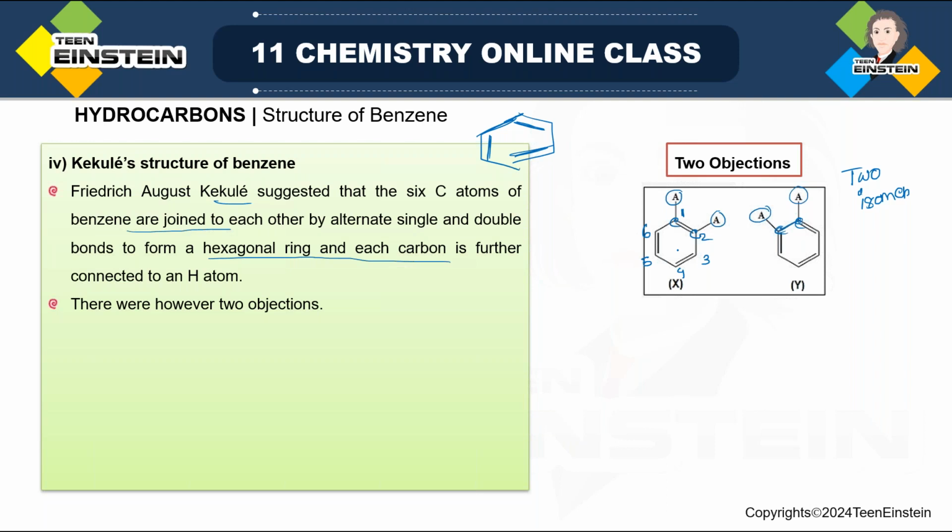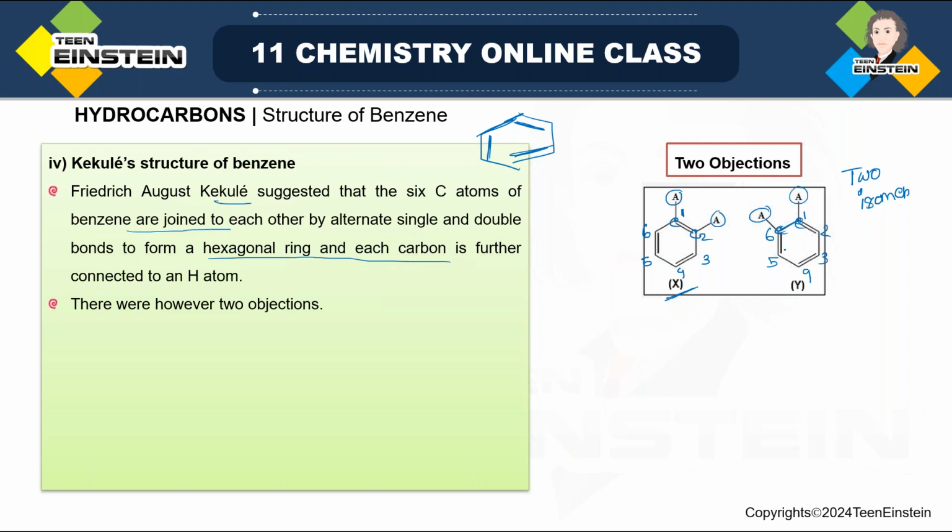So 2 types of substitution are possible, either between 1, 2, 3, 4 or 5, 6 in X format, in which case all the CC bonds are double bonds. Or it can be in another way, where the A groups are between 2 carbons, either 1, 6 single bond, 2, 3 single bond, or 4, 5 single bond. So that is another isomer possible.